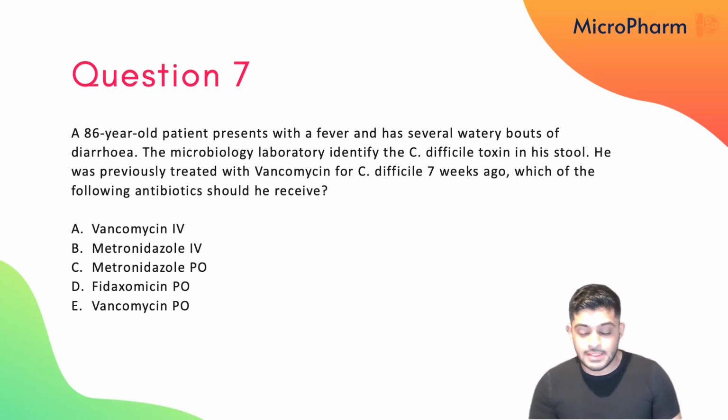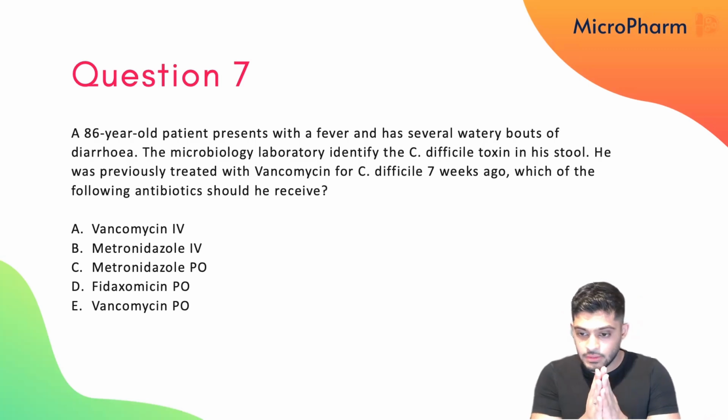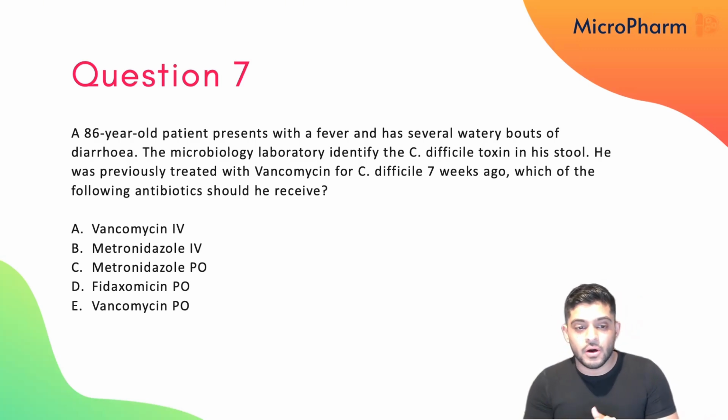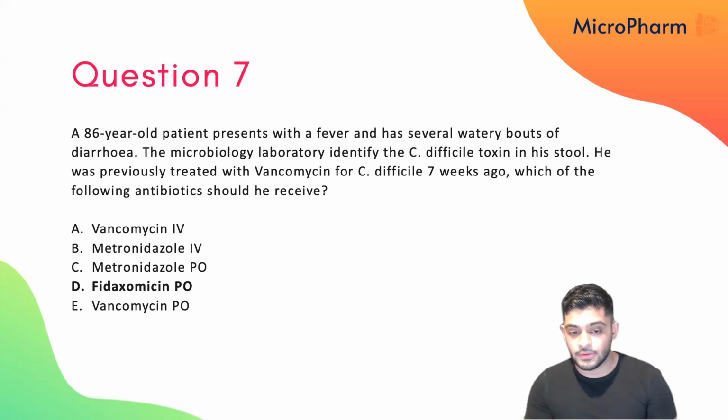So, in terms of treatment of C. difficile, the main agents that are going to be used is either oral vancomycin or oral fidaxomicin. Oral metronidazole is no longer recommended on any of the guidance nationally. So I'm going to put the correct answer here is fidaxomicin.